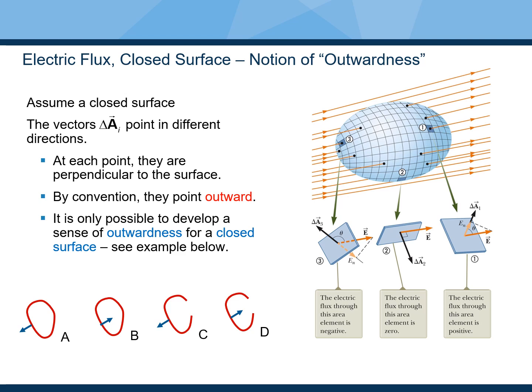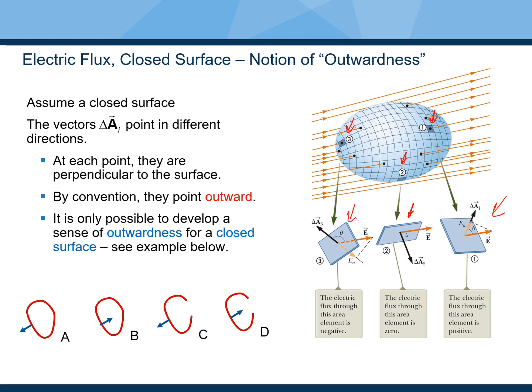Notice that there are no charges in this figure at the top right, but you have this ellipsoidal surface that we've split up into many infinitesimal pieces. For example, this is infinitesimal piece number 1, and we have magnified it out here. This is piece number 2, magnified out here. This is piece number 3, again magnified out here.